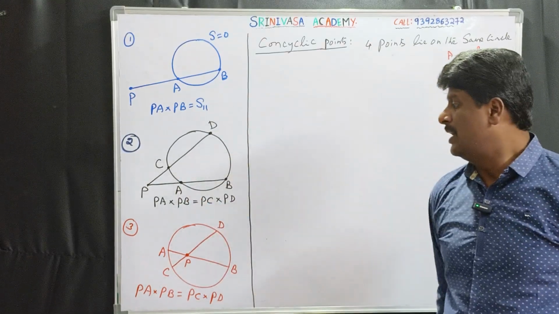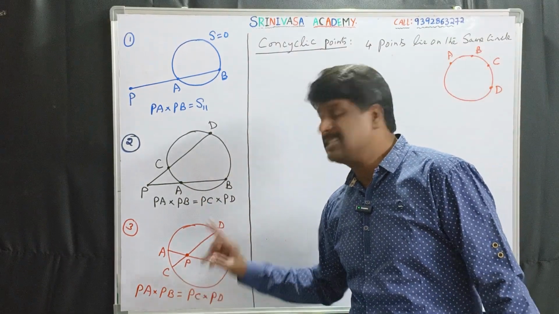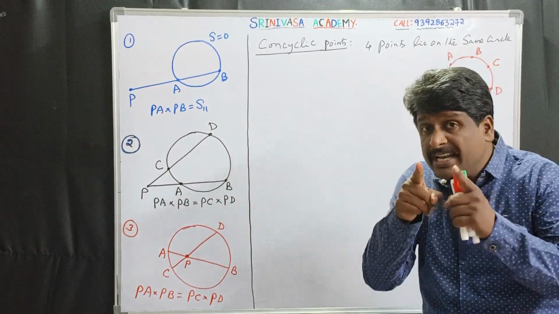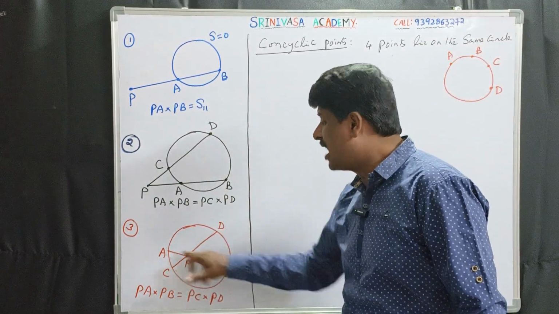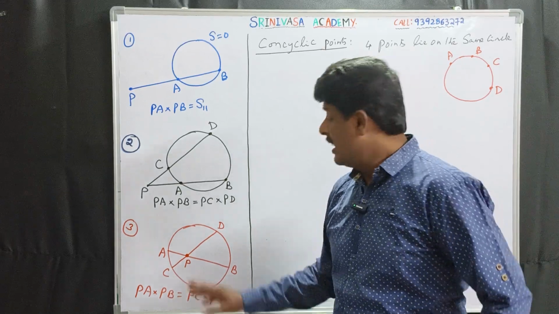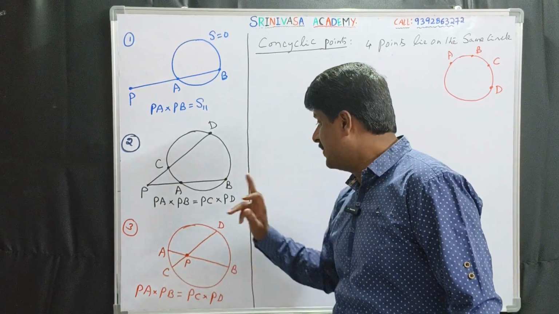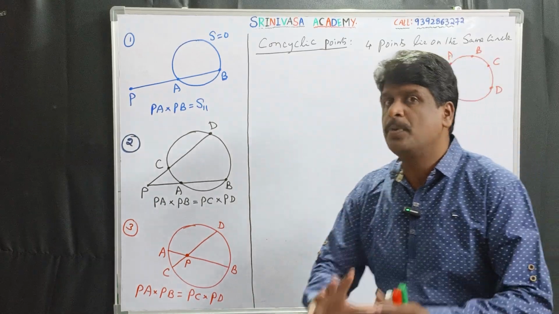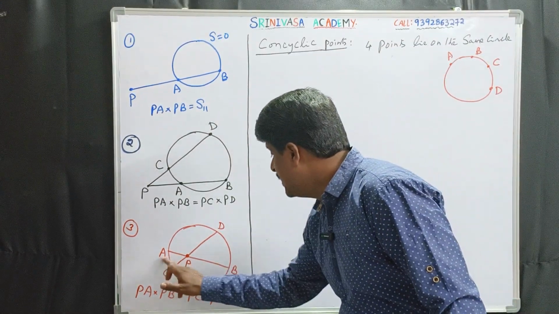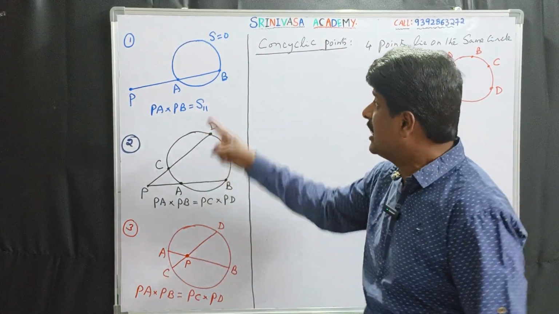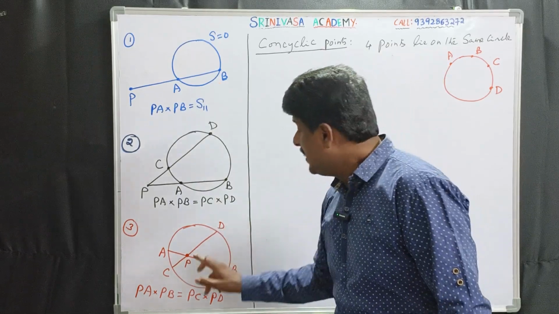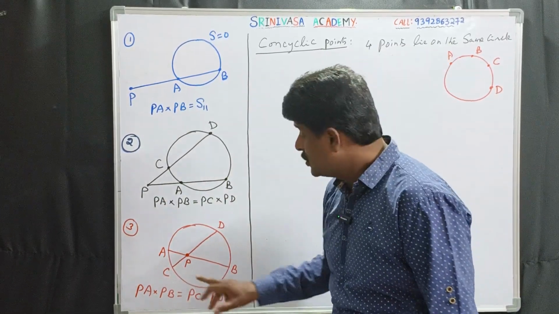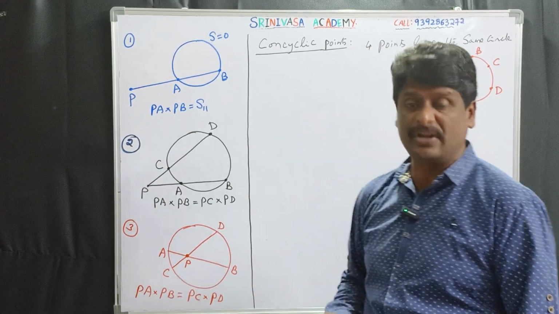Okay, so next, in another situation, P is an interior point of a circle. Through the interior point also we can draw 2 chords to the circle. Now capital A, capital B, capital C, capital D are the end points of the 2 chords. PA into PB will be the power of a point according to this theorem. PC into PD is also S11 according to this theorem. So both are the values of S11.